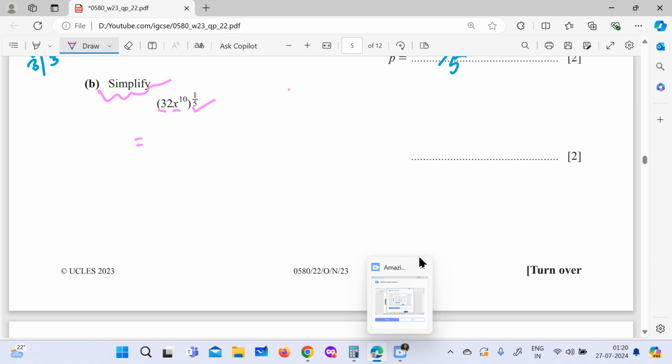So this will become 32 to the power of 1 over 5 times x to the power of 10 times 1 over 5. And this is nothing but fifth root of 32, and 10 over 5 gives you x squared. Fifth root of 32 is nothing but 2, so your answer is 2x squared.